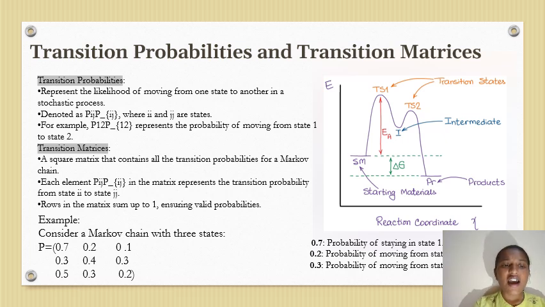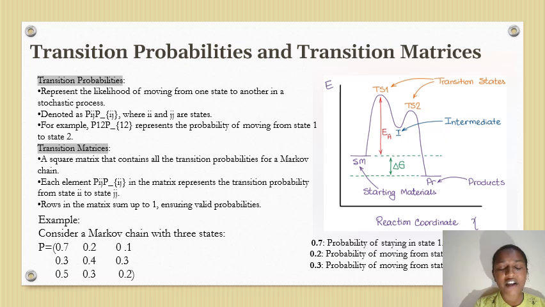Transition matrices: a square matrix that contains all the transition probabilities for a Markov chain. Each element Pij in the matrix represents the transition probability from state i to state j. Rows in the matrix sum up to 1, ensuring valid probabilities.